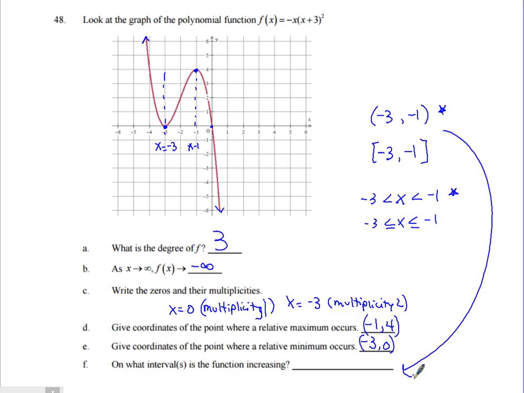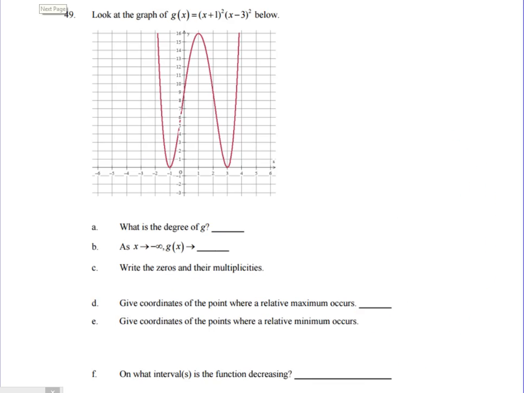All right, wonderful. Now we need to look at this graph. Look at the graph of this function below. Again, I know that it continues here and here. It asks what is the degree, so I'm going to look up here and say that's x squared and that's x squared.